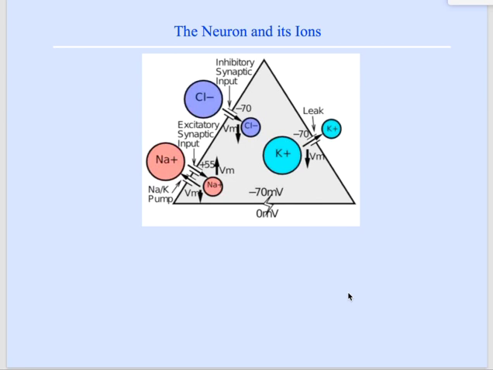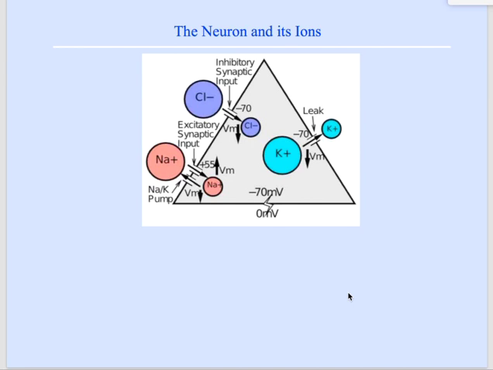The simplest is probably the aqua one called K+, which is potassium. That's a positive ion, but potassium is continually leaking out of the cell body. And because it's a positive ion and it's moving out of the cell, it sends the membrane potential of the cell to be negative.